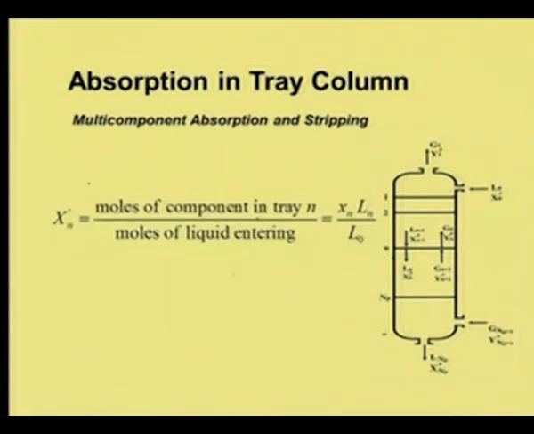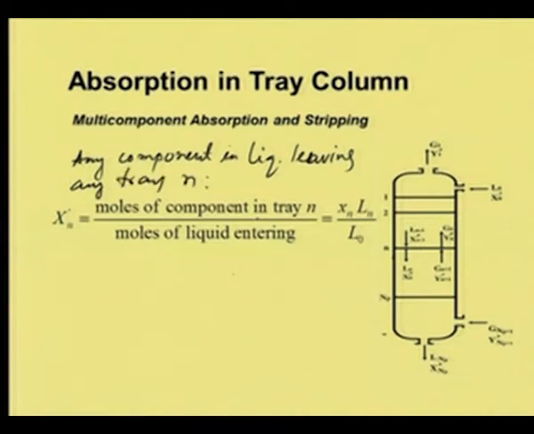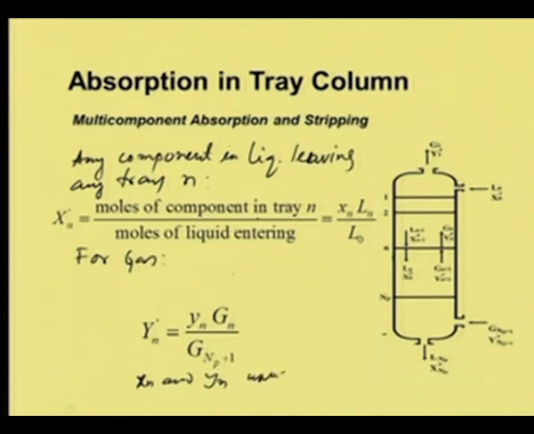So, for any component in liquid leaving any tray n, we can write x_n dash would be moles of component in tray n divided by moles of liquid entering, which is equal to x_n L_n divided by L_0, and similarly for gas we can write y_n dash is y_n G_n by G_(N_p+1), where x_n and y_n are the usual mole fractions.